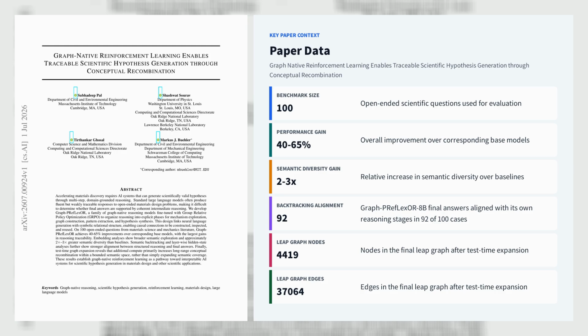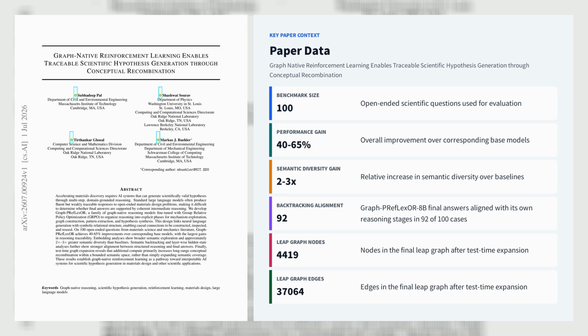largest gains in traceability. Embedding analysis with Google EmbeddingGemma 300M and BAAI BGE Base en v1.5 shows roughly 3 times greater semantic diversity, including interphase cosine distance gains from 0.07 to 0.2 at 1.7B, and from 0.08 to 0.21 at 8B.